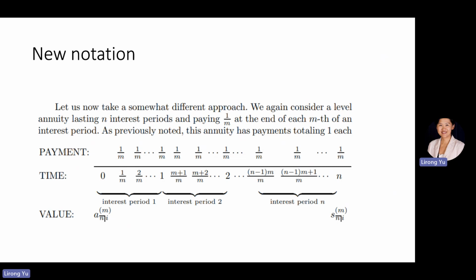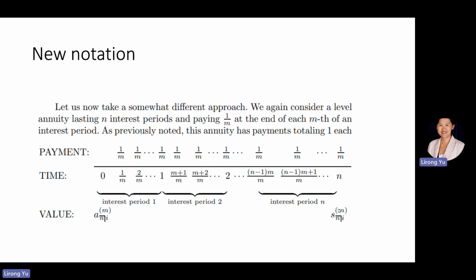Right here, you can see the timeline: time 0, then time 1, then time 2, and then time n. So this is a timeline. The top one is the number of payments and the value of the payment. We are being paid 1 over m each time. So the total payment per interest period is $1 in this case.